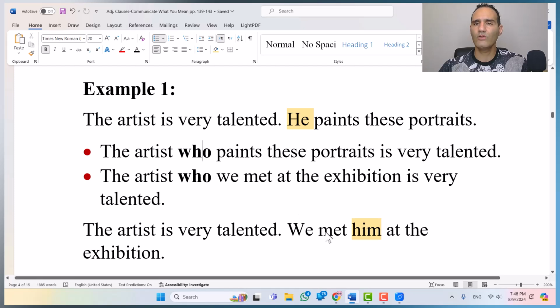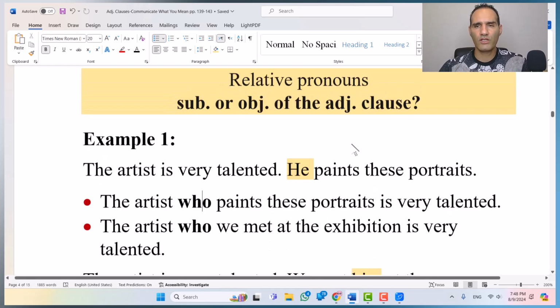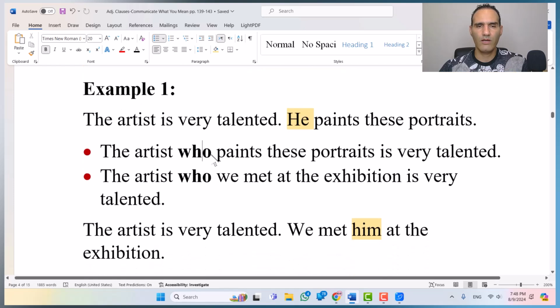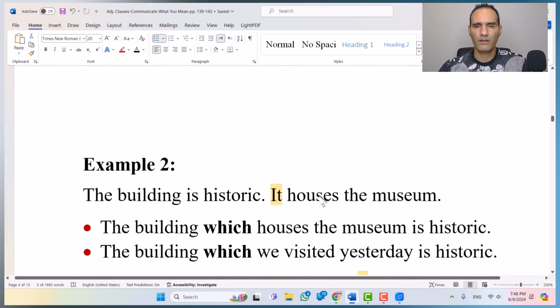That will tell you how to find out whether the relative pronoun is the subject or object of the adjective clause. And one more thing I told you, a relative pronoun as subject is followed by a verb phrase. Relative pronoun as object is followed by an independent clause. That is also a clear clue for you.